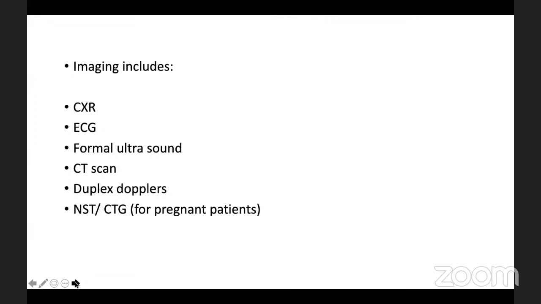Okay, so imaging, as we all know, basic on a patient that we see acutely, a chest X-ray will help. Then we do an ECG. In terms of the chest X-ray, remember with resuscitation, sometimes we overload patients unaware.